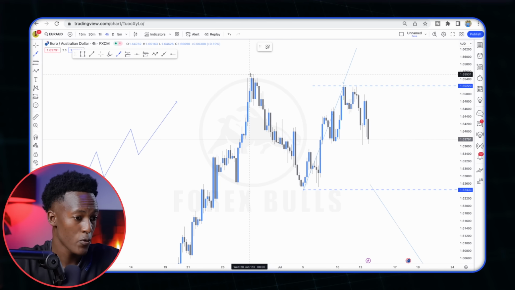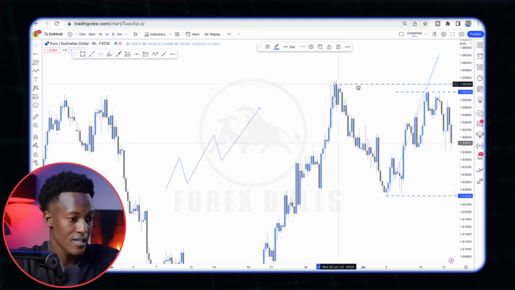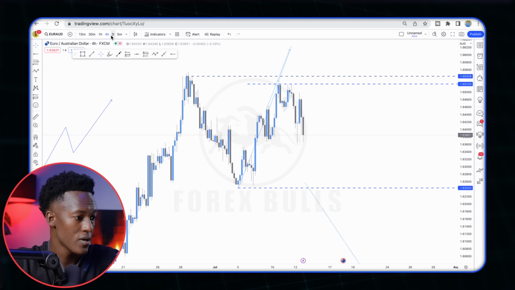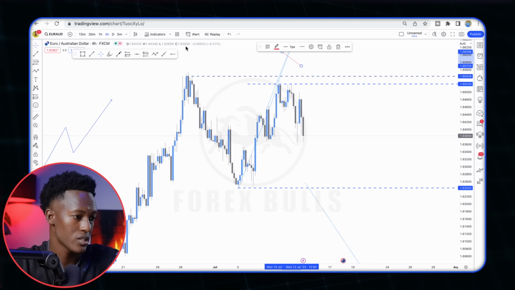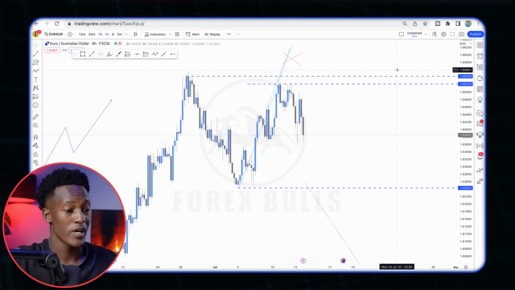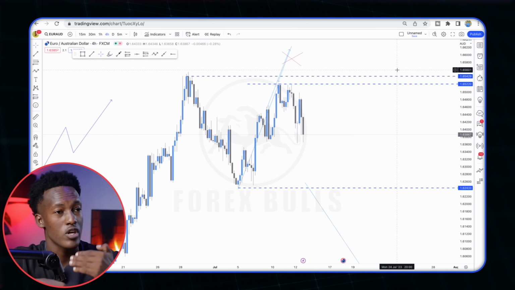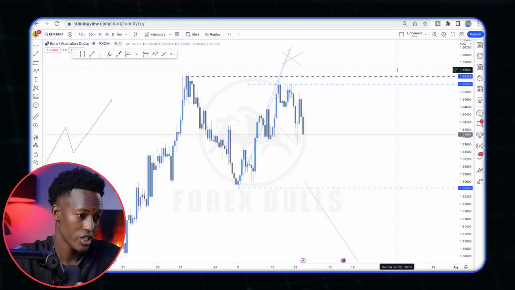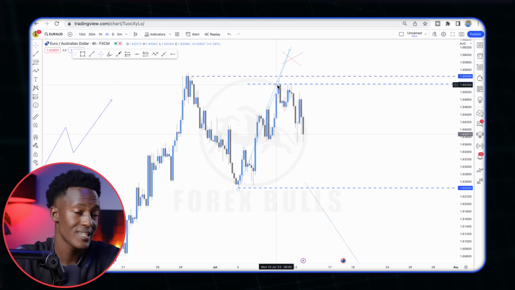In such an example we expected the price to at least break above this level here to form the next higher high, maybe right around here. Let me just illustrate it here. Right around here, right? Because if it's an uptrend, we expect the price to keep pushing, and that didn't happen. So what does that imply?